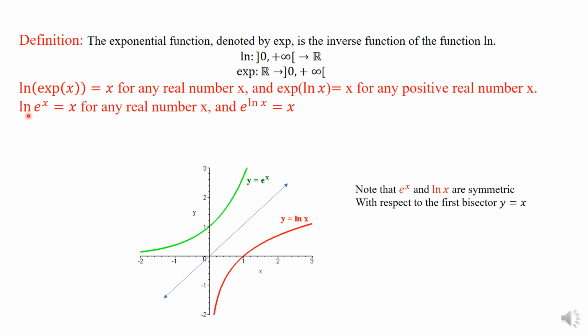So ln(e^x) is x and e^(ln x) is x, the first for any real number and the second for only positive real numbers. So e^x and ln x are symmetric with respect to the line y = x, since e^x is the inverse of ln x.